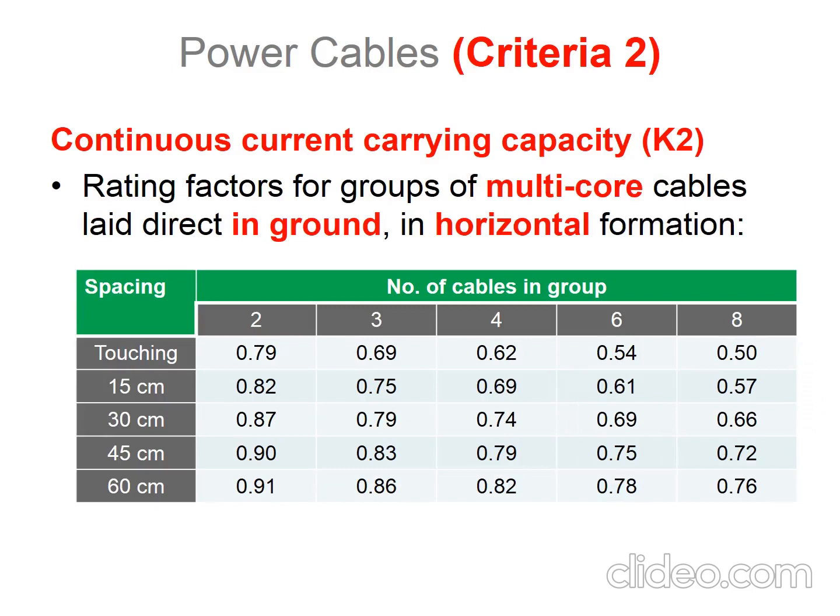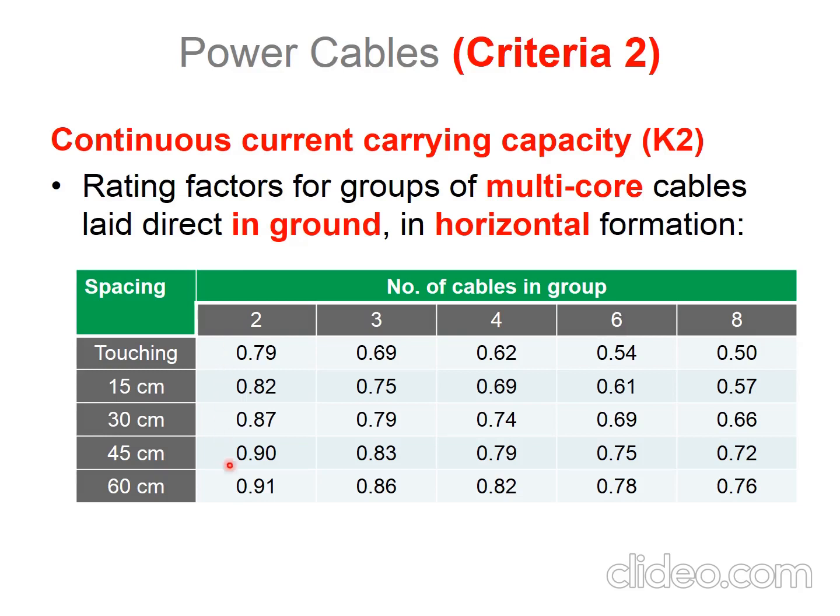Next is the rating factor K2 for multi-core cables laid direct in ground. The previous table is in air, but this table is in ground in horizontal formation. We can see this is the spacing, and also the number of cables in group.